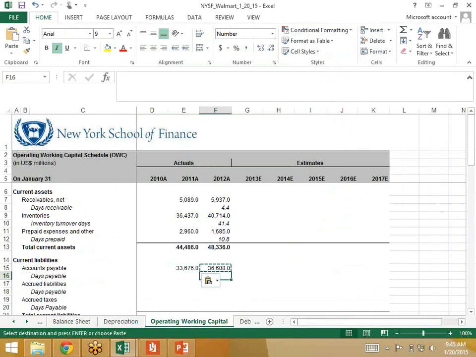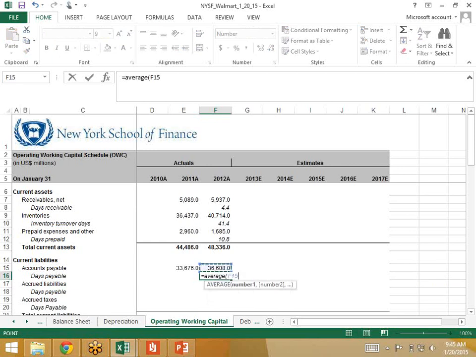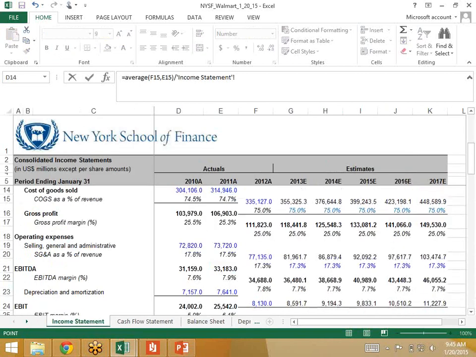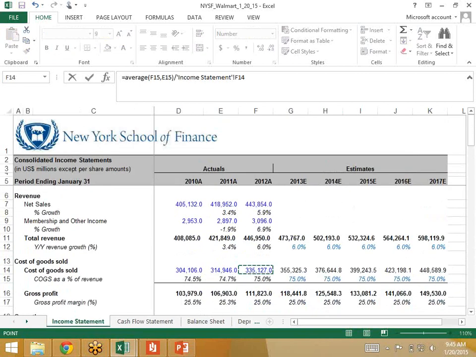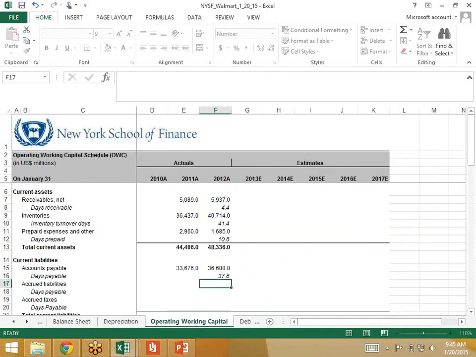The accounts payable is related to what? COGS. So we're going to look at the accounts payable divided by COGS times 360, or the average, right? So it's going to be equal to the average of this year, comma, last year's accounts payable, divided by income statement cost of goods sold, times 360. 37.8.